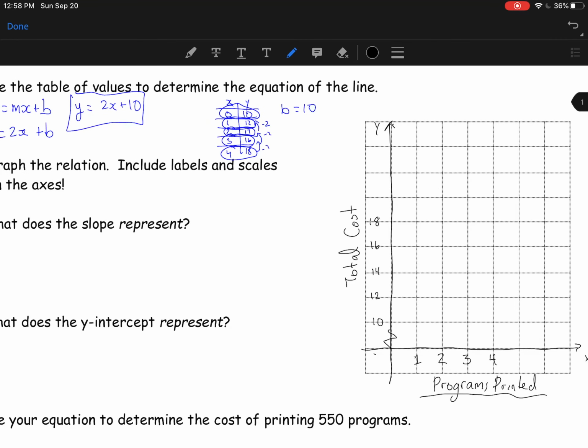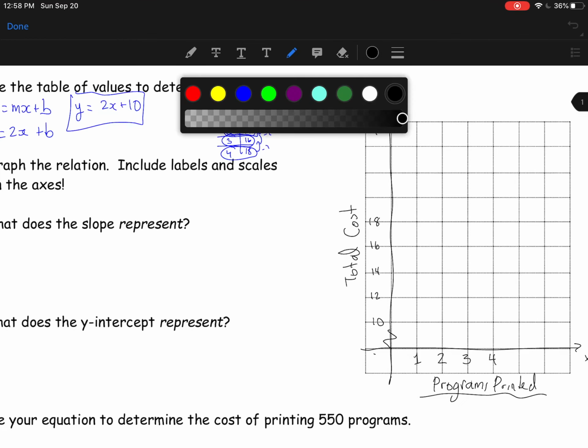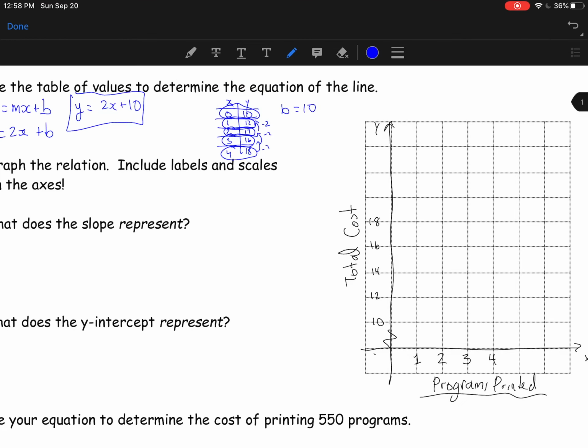Now let's graph it. When we bought 0 programs, it cost us, the first point was (0, 10). When we bought 1 program, it cost us $12. When we bought 2 programs, it cost us 14, then 16, and then a total of 18 when we bought 4.